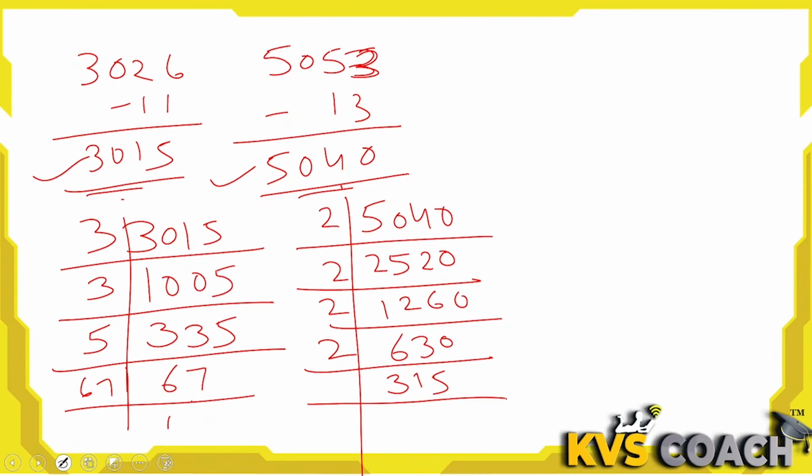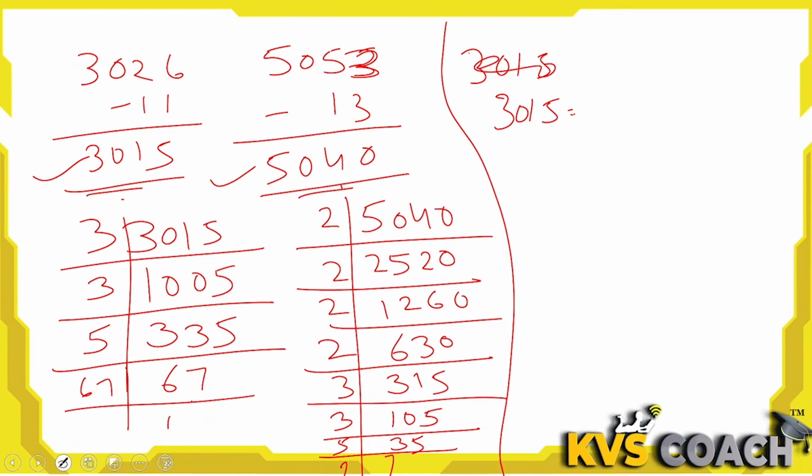Now it will go to 3, 3 1s are 3, and 3 5s are 15. Again 3, 3 3s are 9, 3 5s are 15. Now 5 7s are 35, and now 7. So the prime factors for 3015 and 5040, let's check them here.